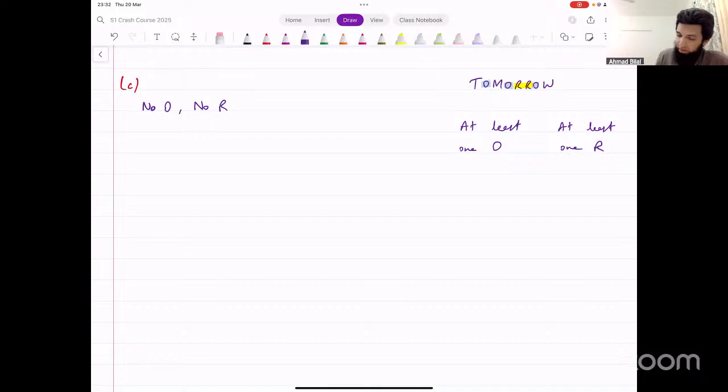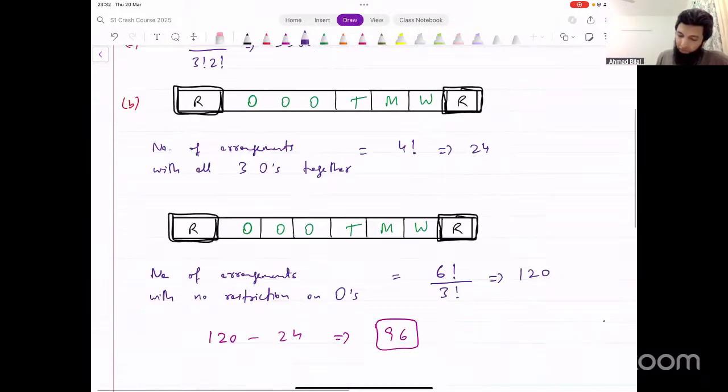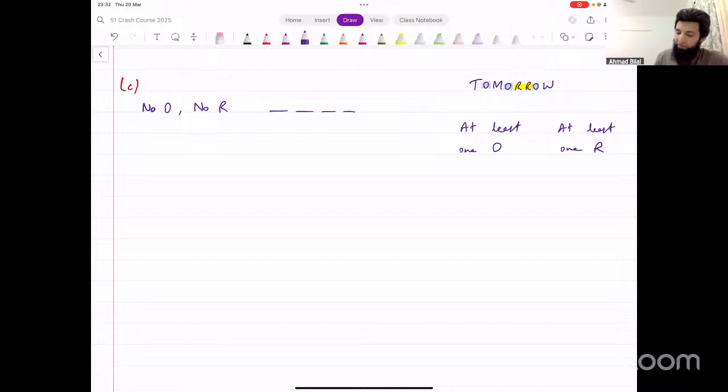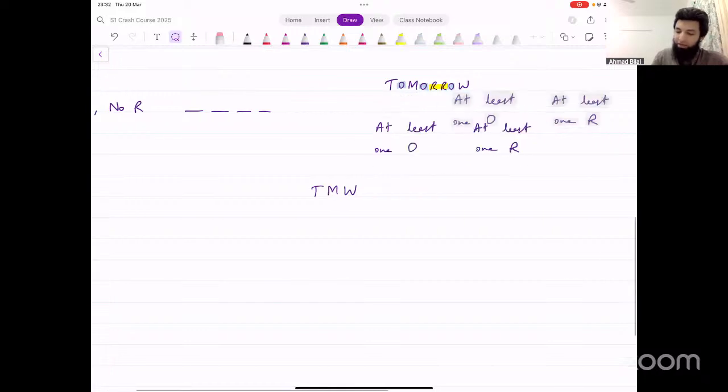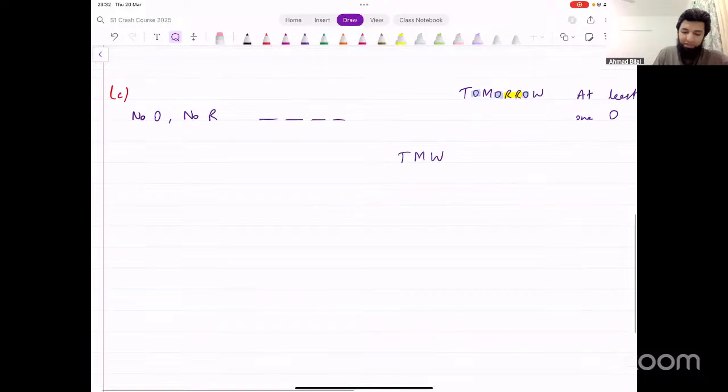How many letters do we want to select? We want to select 4 letters in total. If there's no R and no O, we can't have 4 letters because the remaining letters are T, M, and W. So with no O and no R, we can't have that condition met of selecting 4 letters. So we can't have this case.